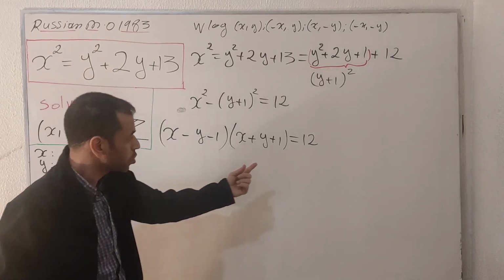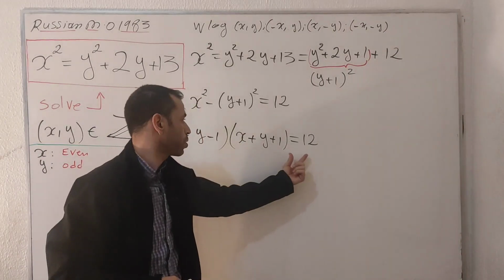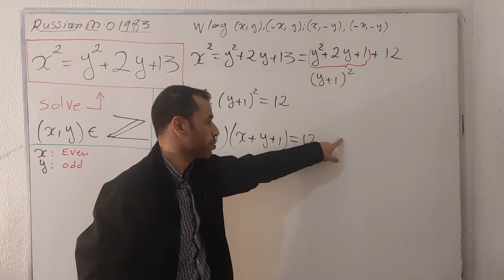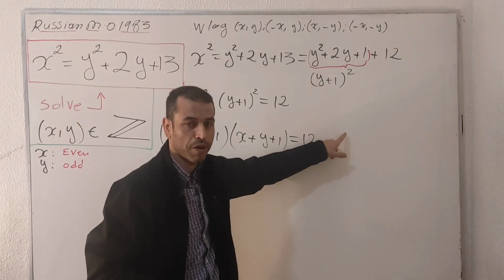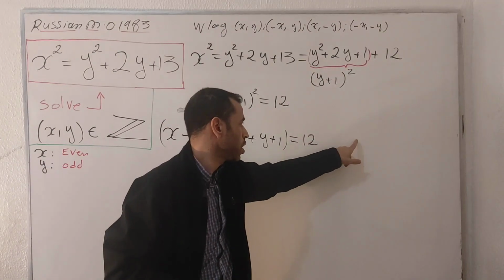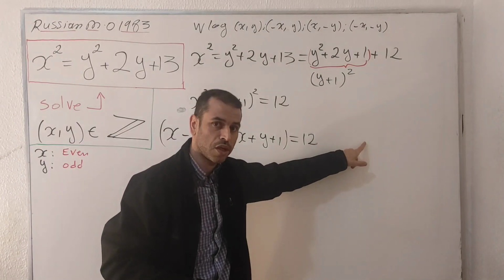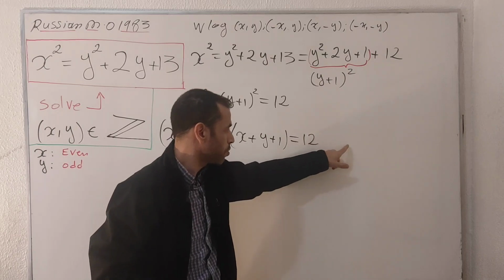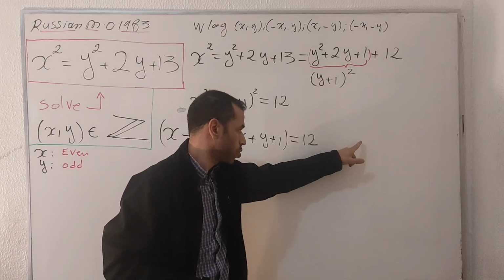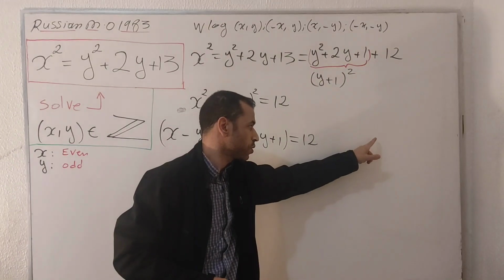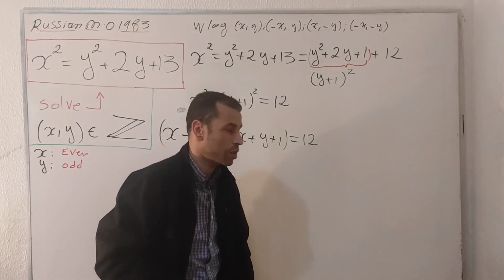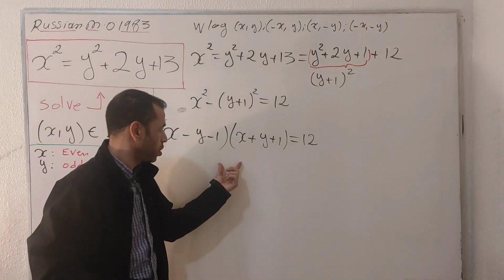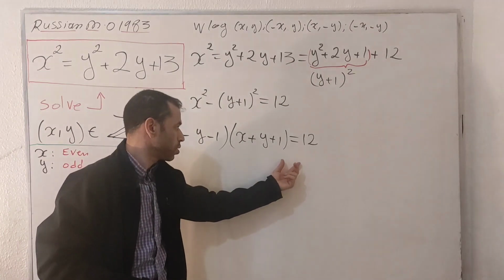So without using parity we will have 12 cases: 12 multiplied by 1, 1 multiplied by 12, 3 multiplied by 4, 4 multiplied by 3, 2 multiplied by 6, 6 multiplied by 2. Also minus 2 multiplied by minus 6, minus 6 multiplied by minus 2, and so on. You will have 12 cases. But by using the parity, this will be reduced to maybe 2 cases.